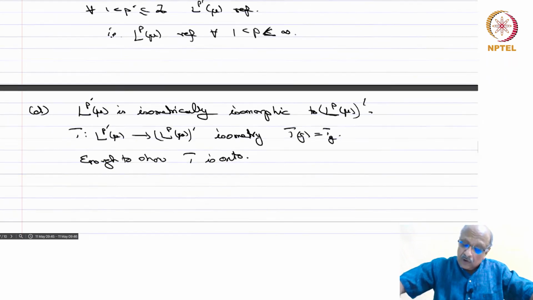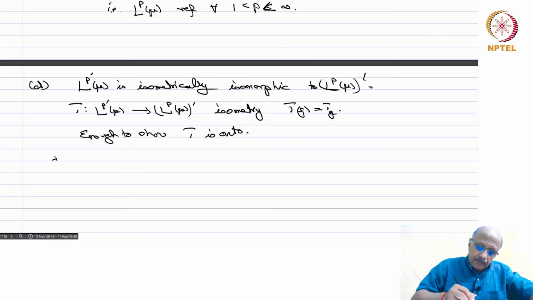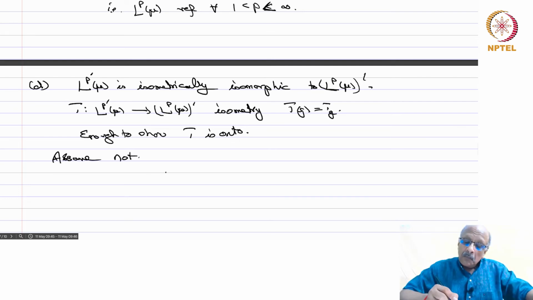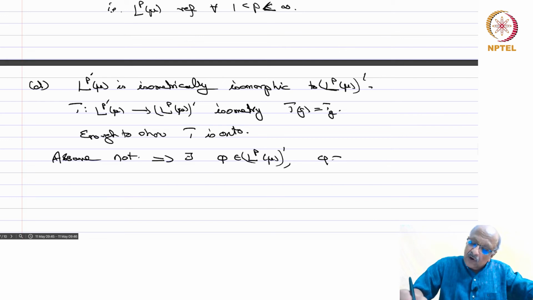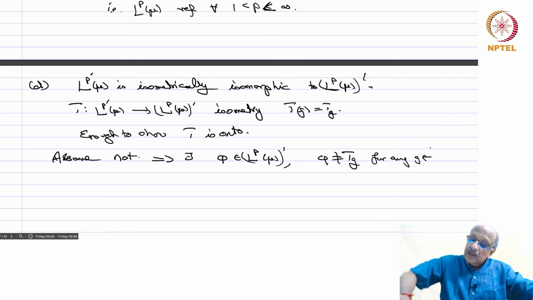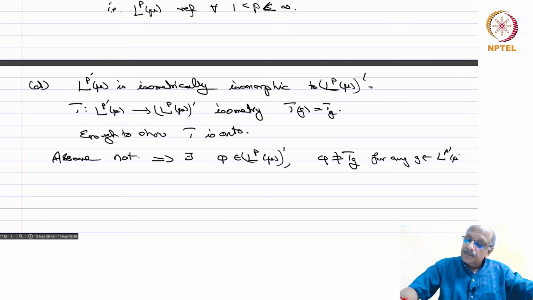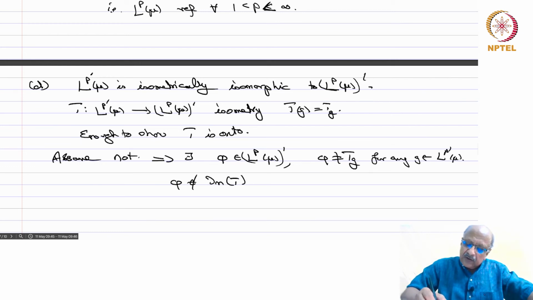So assume the contrary. Assume not. So this implies there exists a φ in L^p(μ)' and φ is not equal to Tg for any g in L^p'(μ). That is, φ does not belong to the image of T, but the image of T is a closed subspace.